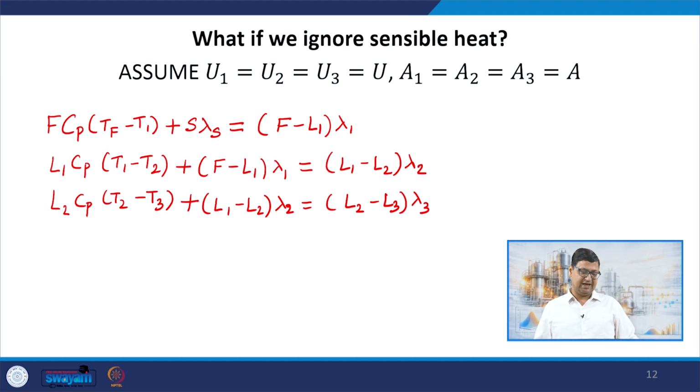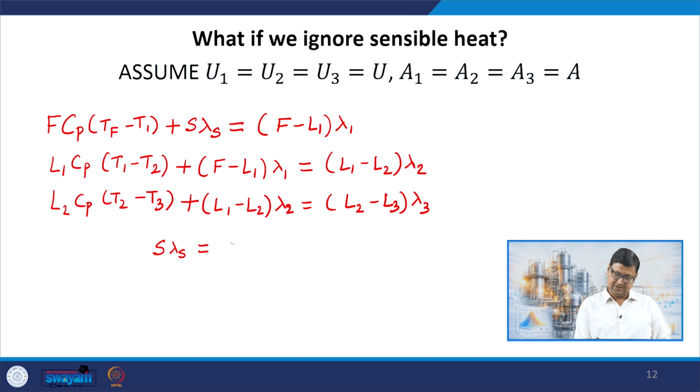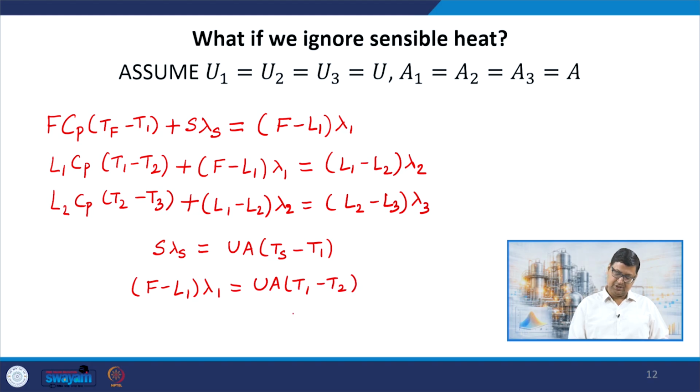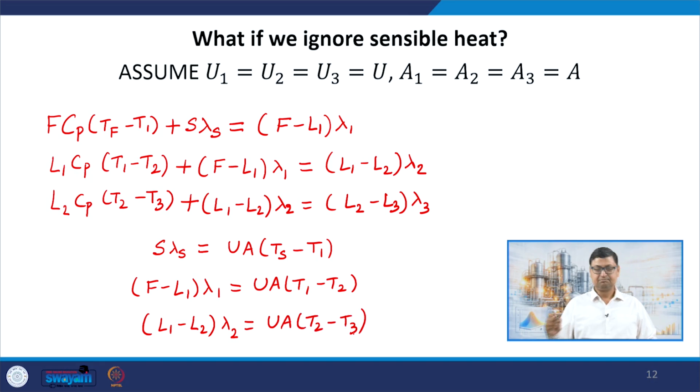And then finally, we have three heat exchange equations, which are S lambda S is equal to UA (Ts minus T1), and (F minus L1) lambda 1 is equal to UA (T1 minus T2), and then (L1 minus L2) lambda 2 is equal to UA (T2 minus T3).